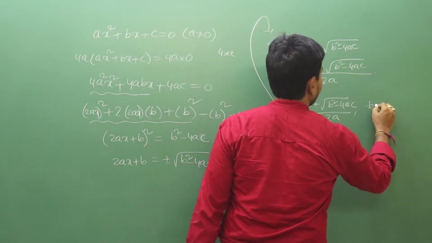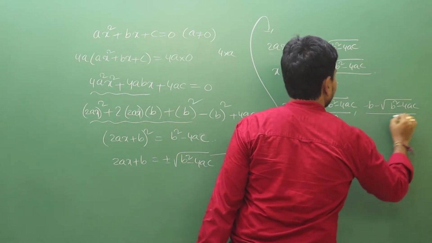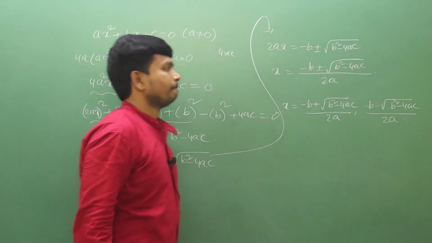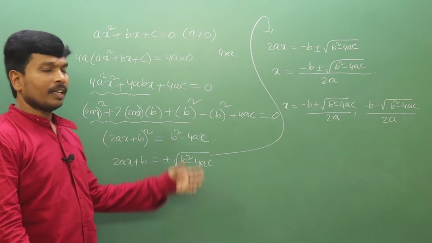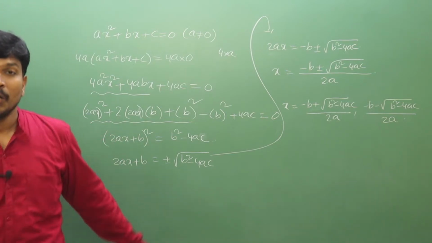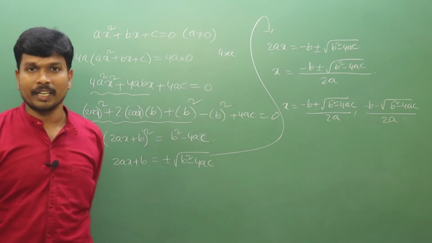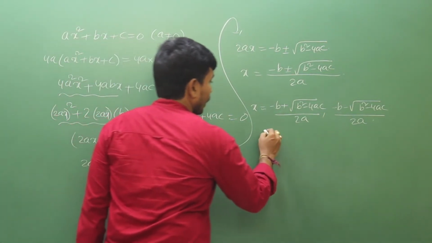Another root is minus b minus root over b square minus 4ac by 2a. These are the two values. By using this formula, we can easily find the x values, which are nothing but the roots of a given quadratic equation. So same problem, do it by using this formula.